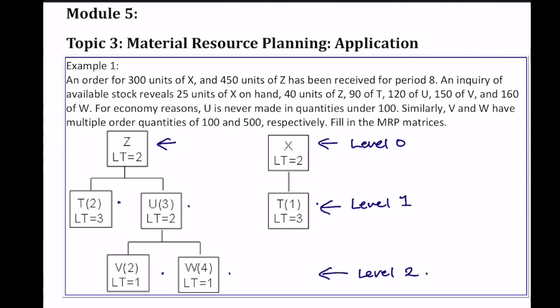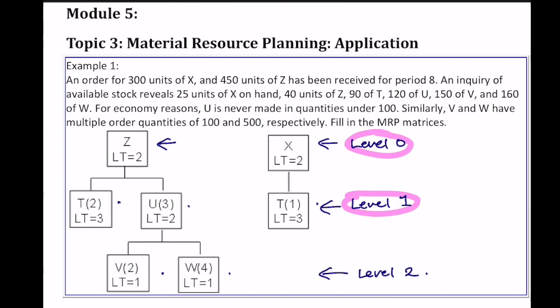As we have done before, when you make MRP, you have to expand them. Expanding the MRP matrix means starting from the MRP matrices for level 0. After you are done with level 0, we can start level 1, because without knowing the MRP matrices in level 0, we cannot start level 1.